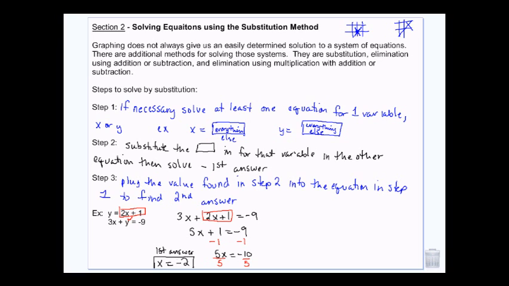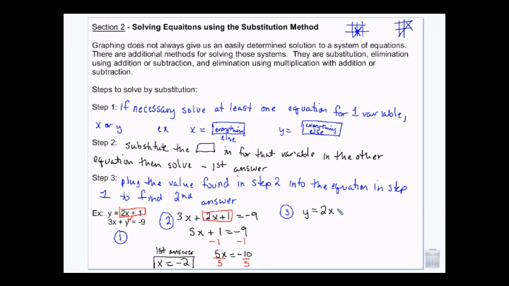But I need both. I need to know what x equals and I need to know what y equals because I need that ordered pair. So, this was step 1, this was step 2, here's step 3. I take this value for x.